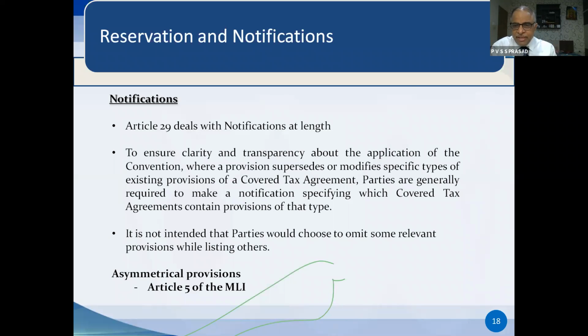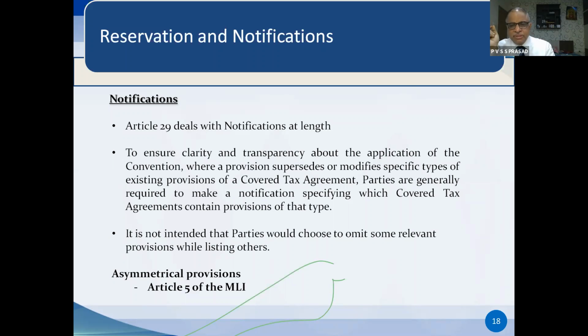That is Article 5. Because now there's no problem. Suppose India, Singapore, I'm just giving an example. India, Singapore is not following the exemption method. I'm just giving an example. Suppose Singapore says, I would follow exemption method, what happens? Exemption method means if Singapore residents earn income in India, which is taxed, then Singapore will not include that income in Singapore for tax purposes at all.